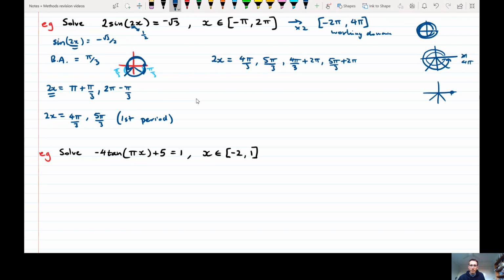So if I'm at 0 and I go backwards, like that, I'm going to pick up these solutions. So I've got 4 pi on 3 minus 2 pi. So this one here, I've gone all the way back around to here, and I'm going to end up with 5 pi on 3 minus 2 pi, which I'm going to run out of space to get to as well.